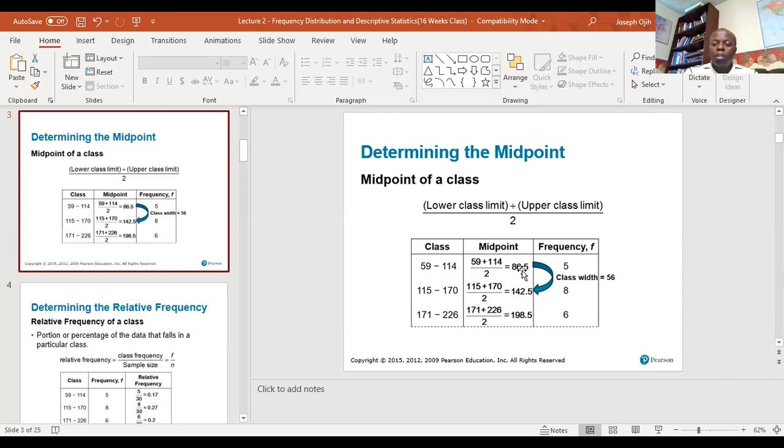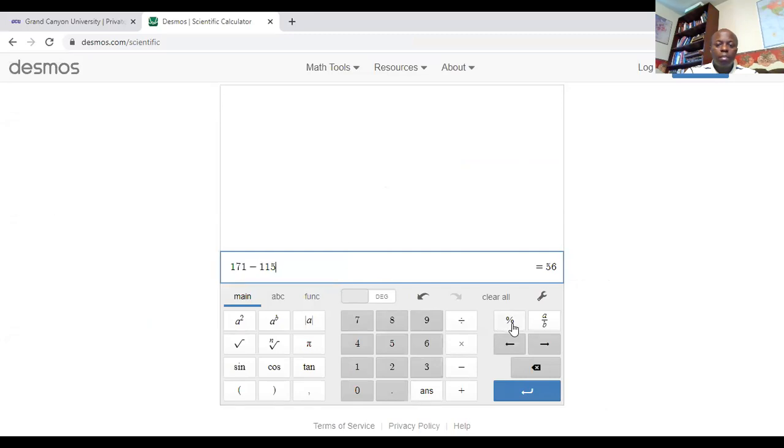I'm going to show you on the screen: 59 plus 114. One thing you must do is put parentheses so that the calculator follows the order of operations. If you don't enter it right, it will give you the wrong answer.